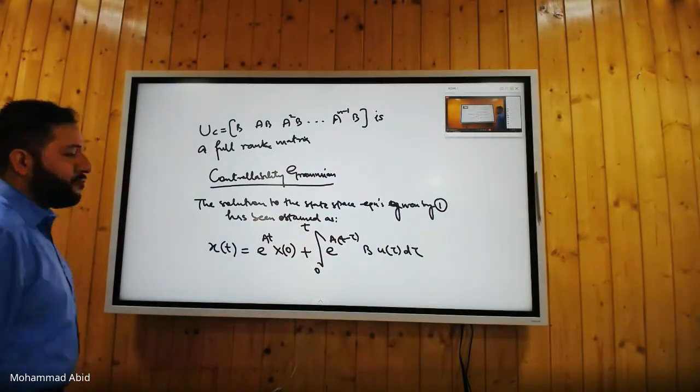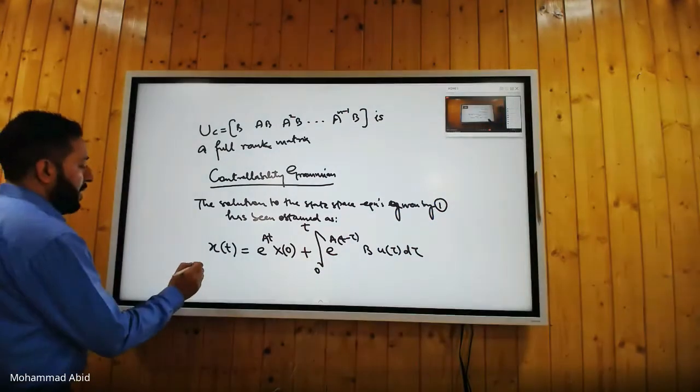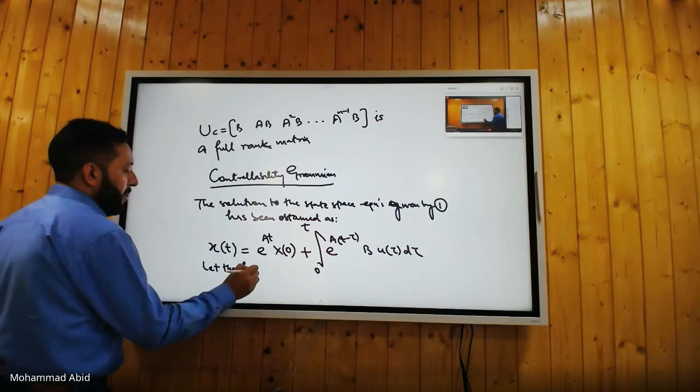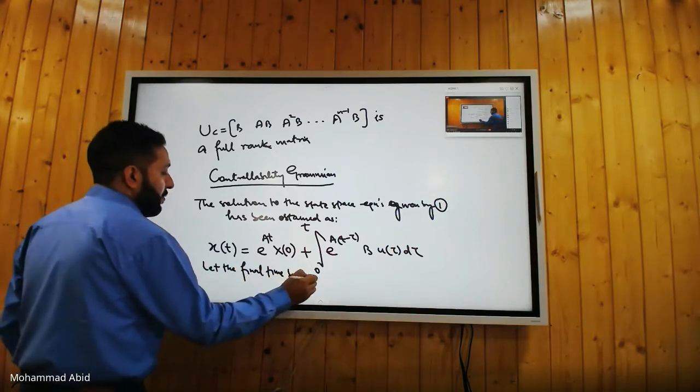For the second definition of controllability, when I was defining controllability, I told you that for mathematical convenience we take the final state to be the origin. So let the final time be t equal to t1.